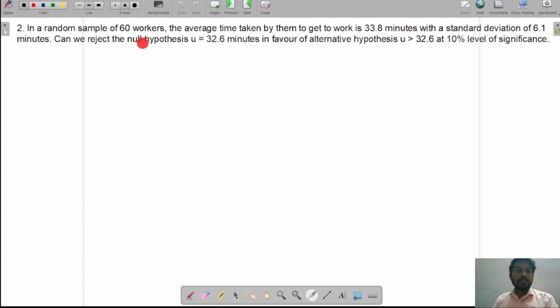Can we reject the null hypothesis nu equal to 32.6 minutes in favor of alternative hypothesis nu greater than 32.6 at 10% level of significance? So what are the values given to you in the question? Tell me.